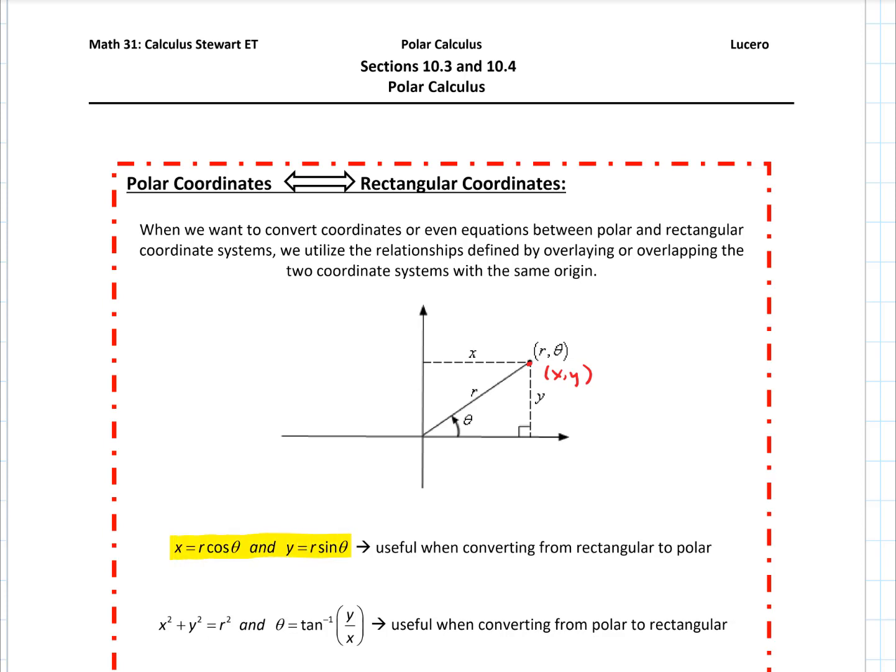Those two things we will actually be utilizing. We also have the relationship through the Pythagorean theorem that x squared plus y squared is r squared, and theta equals the inverse tangent of y over x. And so if we ever wanted to go back and forth between rectangular coordinates and polar coordinates, we could utilize those.